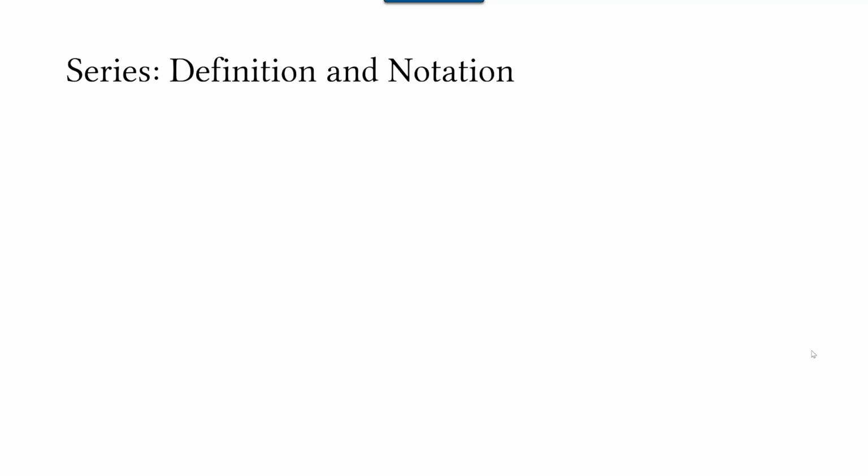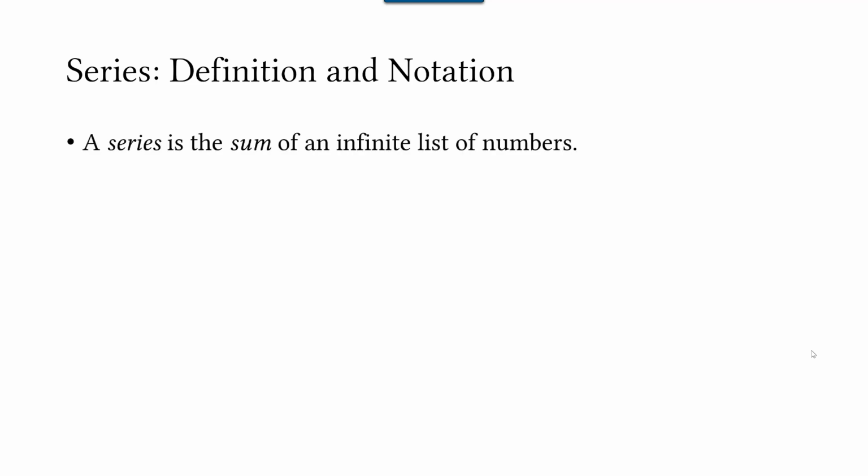We take a look at the definition we'll need and the notation we'll need to define series. Informally, a series is just the sum of an infinite list of numbers. So it's like a sequence, except we're adding all the terms together instead of just listing them. Our notation uses a capital Greek sigma to indicate sum. It's kind of a reminder that we're summing things and not just listing them.